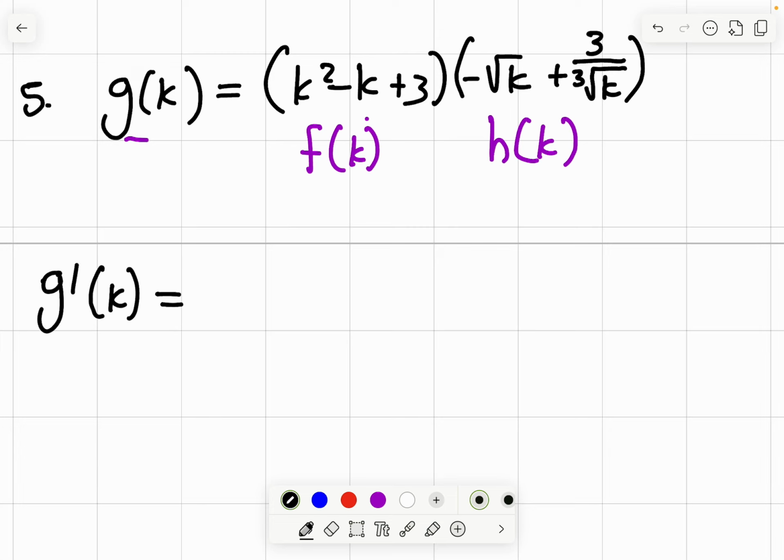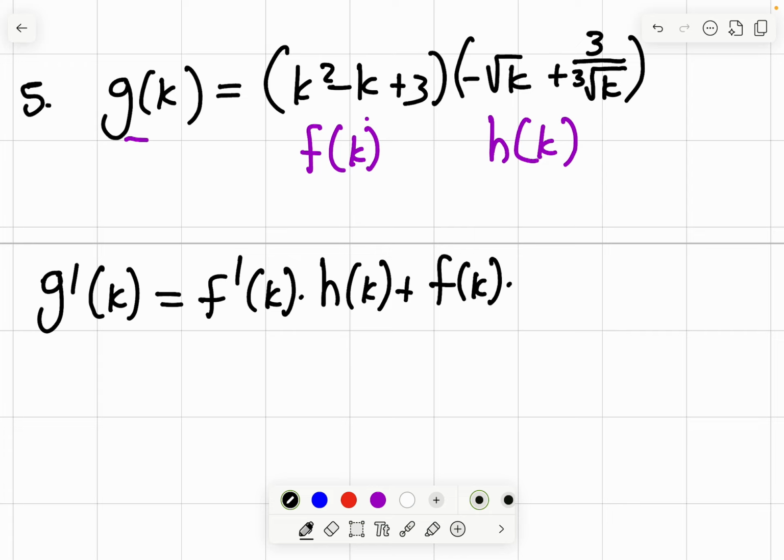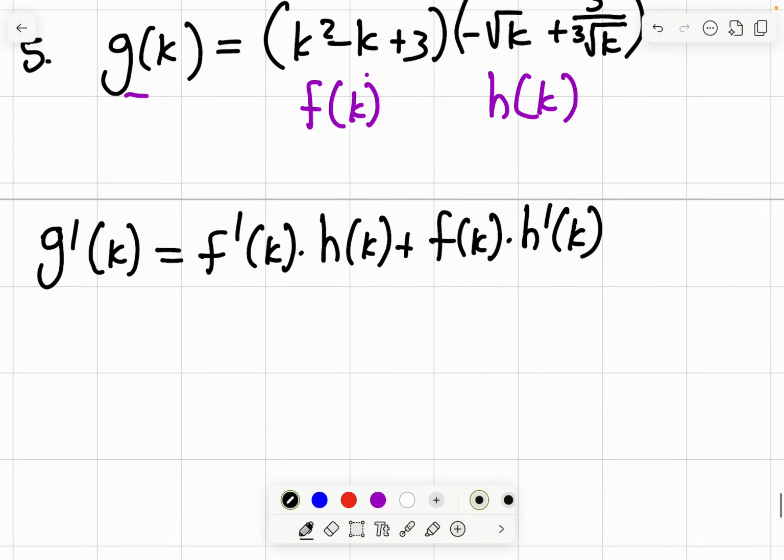It has to be f prime of k multiplied by the second function, which is h of k, plus keep the first function, which is f of k, then derive the second function, which is h prime of k. You see? So let's find f prime of k and h prime of k.